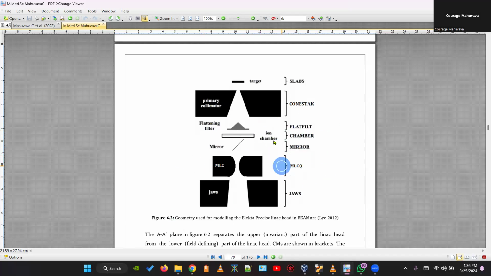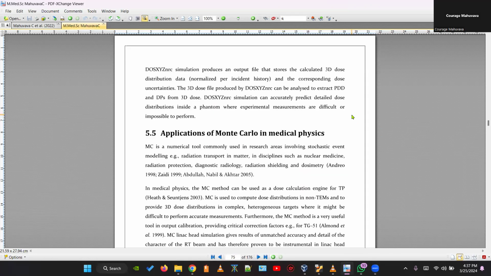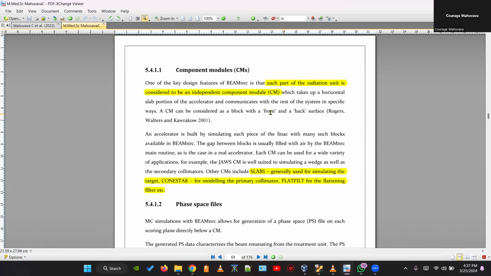So that's the purpose of BEAMnrc. It can model a linear accelerator using these component modules, all right? And of course, it can model other units, like I said, cobalt 60, diagnostic X-ray tubes, and other radiation producing equipment.